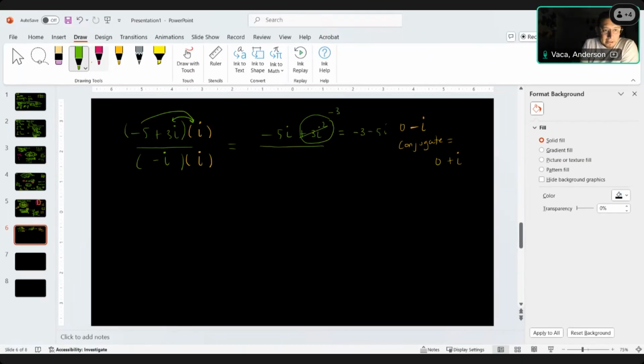In the denominator, we have negative i squared, but the i squared changes the sign, and that becomes 1. So the final answer here is negative 3 divided by 1 minus 5 over 1i, or just simply negative 3 minus 5i.